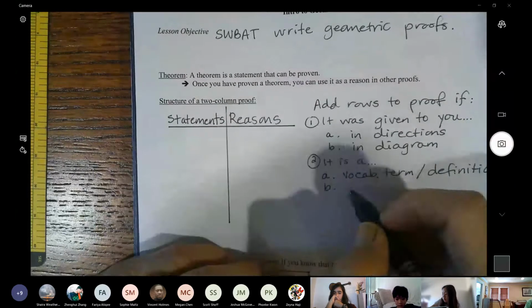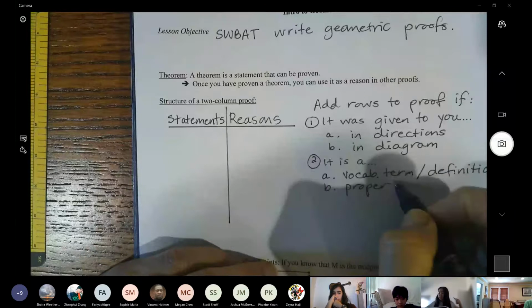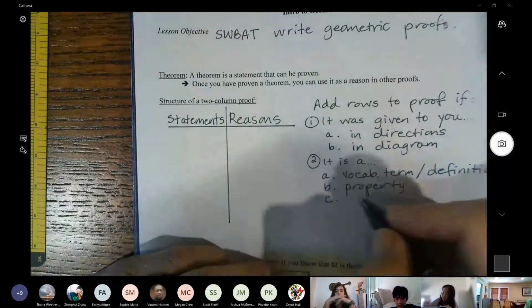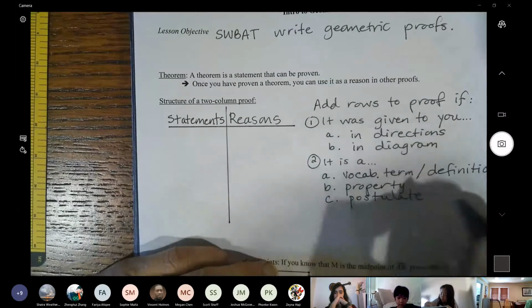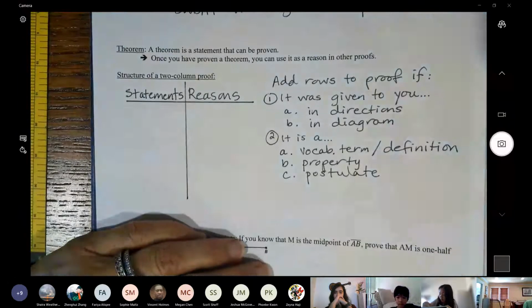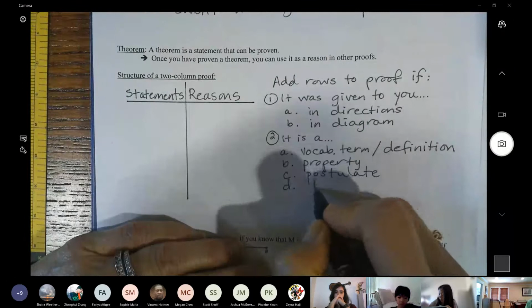Another thing that you will be adding is a property, like reflexive, symmetric, and transitive. A third one would be a postulate or an axiom, which we know are just accepted without proof. And then D, the last one, is a theorem.